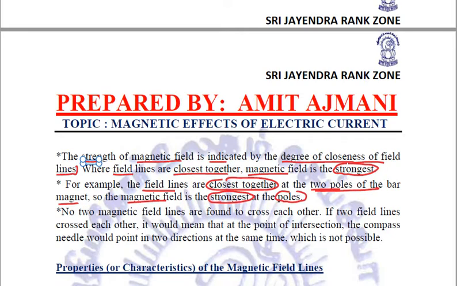If we observe these magnetic field lines, we will see that no two magnetic field lines are found to cross each other. Why is it so?